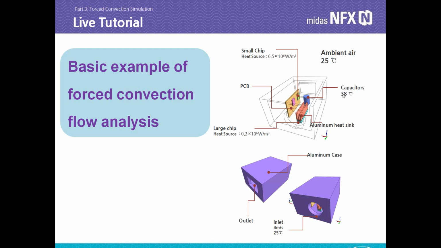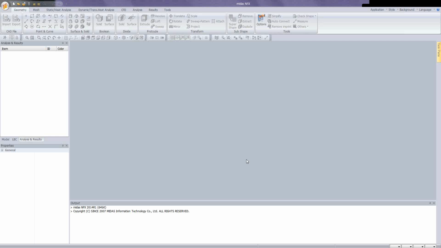The capacitor is at 38 degrees Celsius, and you have a heat source on this large chip. So maybe this is the processor inside my system. So this is the value of the heat source. And then the aluminum case, so the outlet will be here and the inlet will be here. So on the inlet I have a velocity of 4 meters per second and 25 degrees Celsius as the temperature inlet boundary condition. Okay, let's go on.